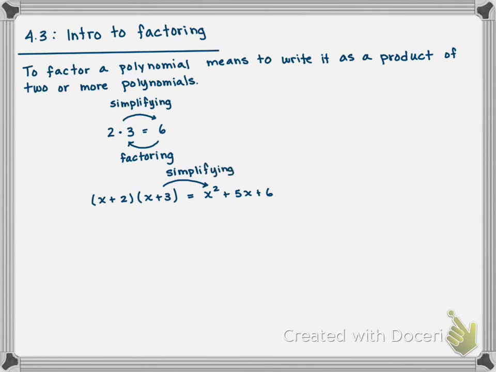What we're going to work on for the next few days is going in the opposite direction, and so that's factoring the polynomial. So just so we have the vocabulary down and you know what we're asking for when we ask for it.